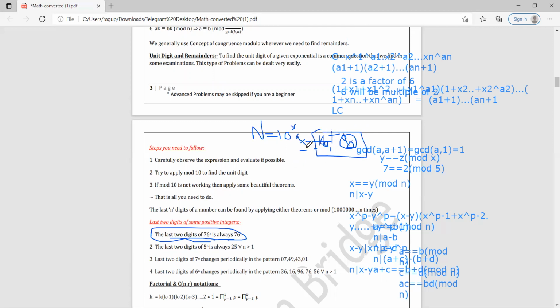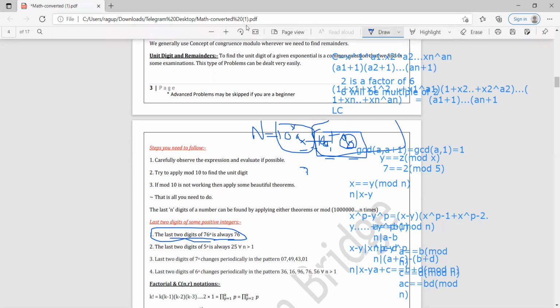Now if you work in mod 100, you will see that the other terms here are divisible by 100, and thus you will have the last two digits of the number, or basically the place value of the last two digits, if you work in mod 100. So if you divide your number by 100, then you will get the remainder as the last two digits' place value.